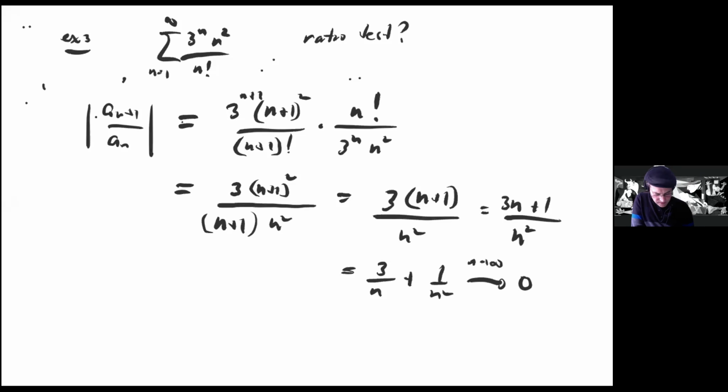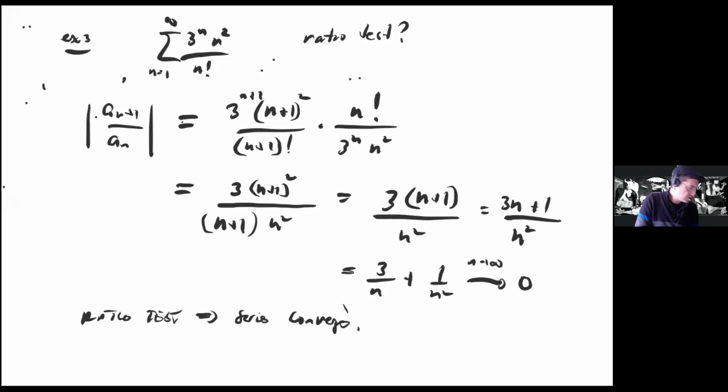Hence, the ratio tends to 0. So therefore, the ratio test, since 0 is less than 1, implies the series converges. So this series converges. Okay, let's go to another problem.